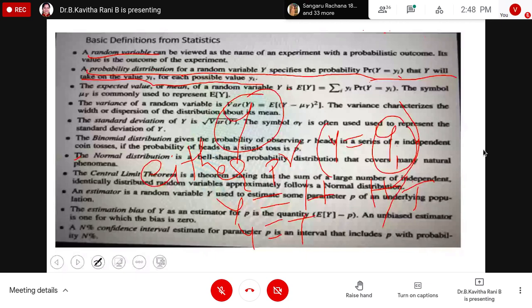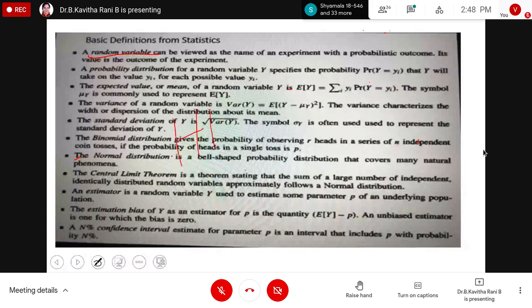Either heads twice, or heads and tails, or tails and heads, or tails twice. So these are the outcomes which I'll get, that is nothing but four possible outcomes. Now the probability distribution can be taken as a table. I'll show you the table here.